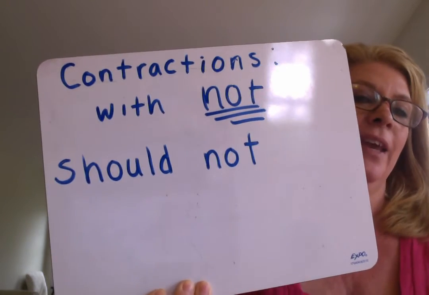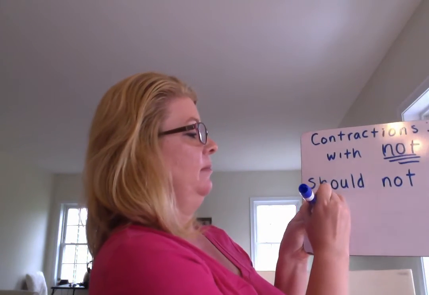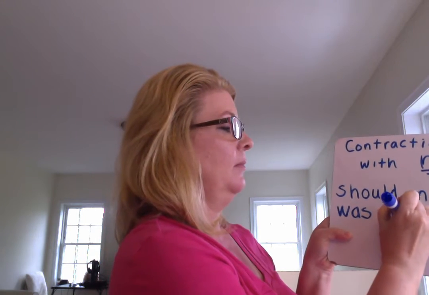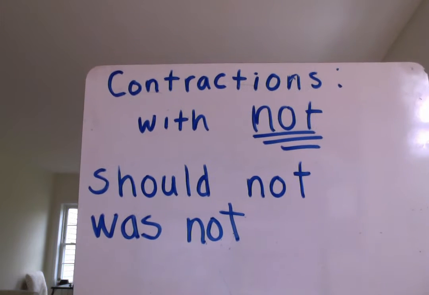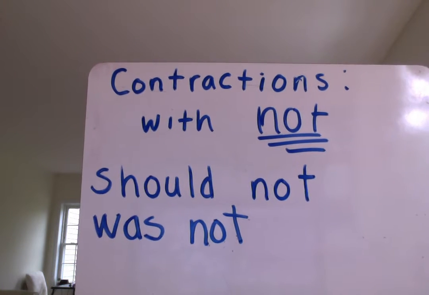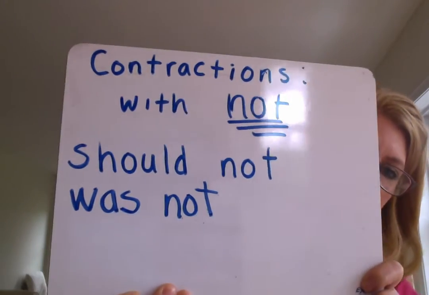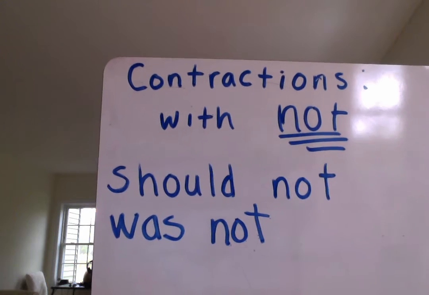Okay, let's see. Oh, this is a good one. Was not. What does was not become when we turn it into a contraction? Think about the beginning word. Think about where you'd put the apostrophe. What would you take out?